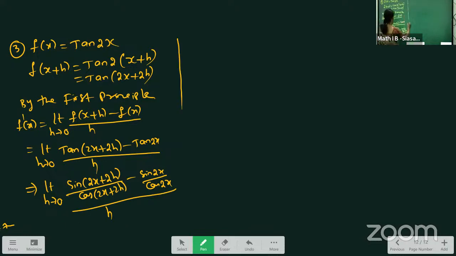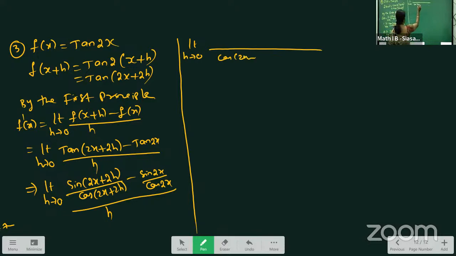Now, limit h tends to 0, take the LCM: cos of 2x plus 2h into cos 2x, into this h as it is, this common h. Now what do you get? Cross multiply: sine of 2x plus 2h into cos 2x minus cos of 2x plus 2h into sine 2x.